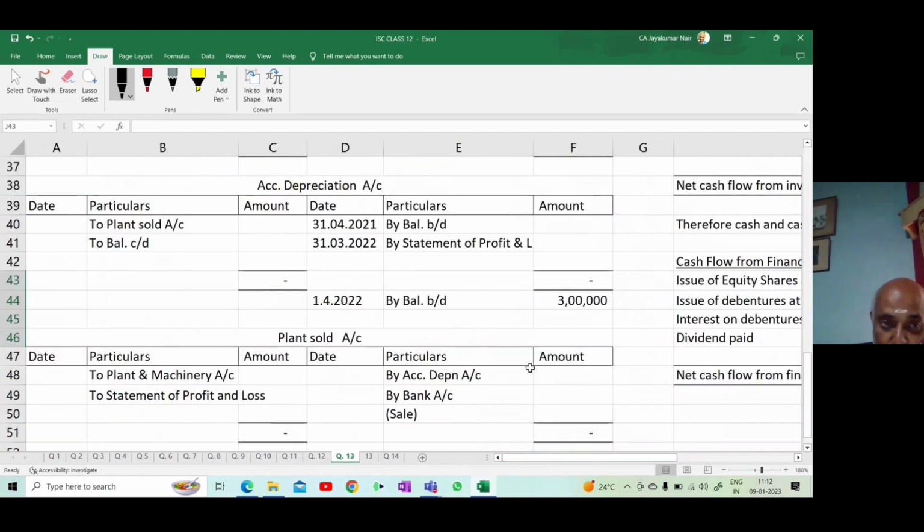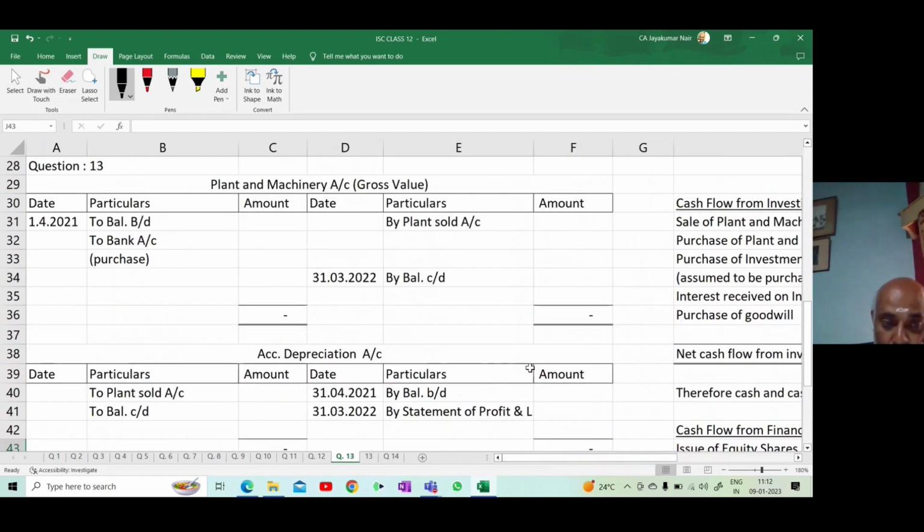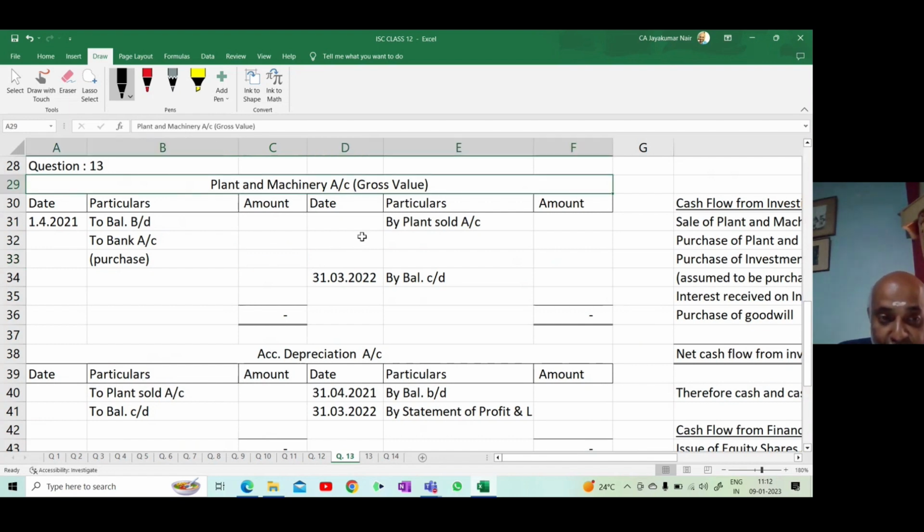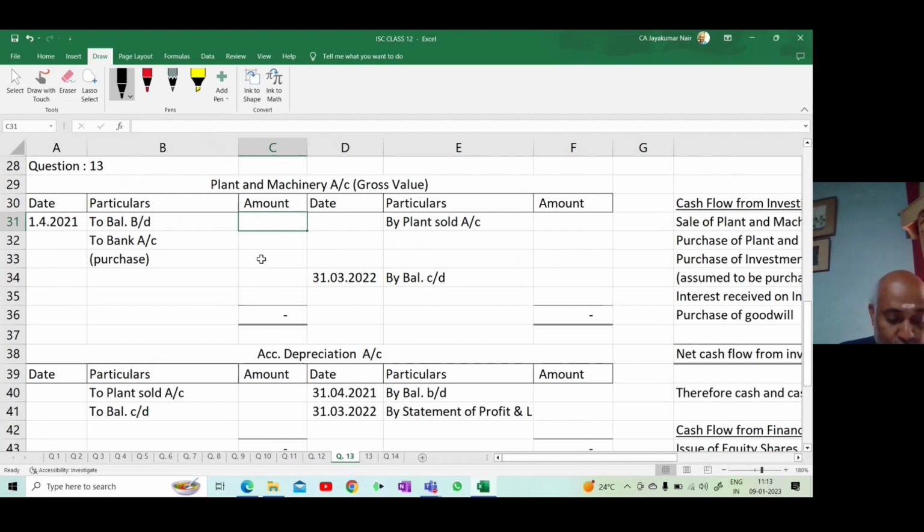So first one, remember whenever there is accumulated depreciation account, that means the asset is given at its historical cost. That is gross value. Okay, and assets will always have a debit balance. So see what is your asset opening balance. Opening balance is 9 lakhs. Closing balance is 10 lakh 90,000.